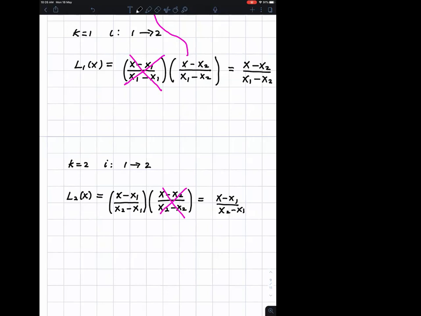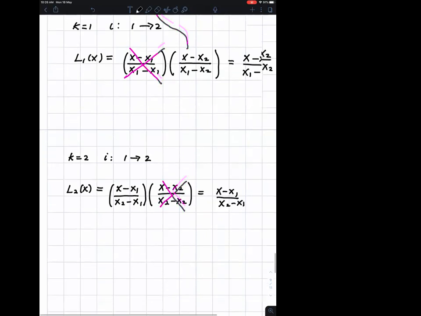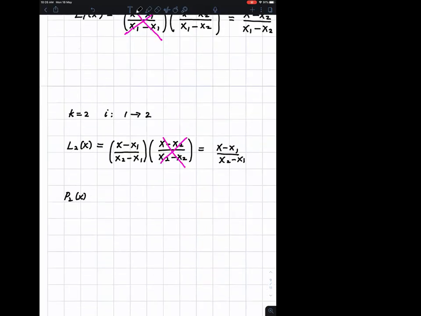So once you have it, you go and plug into the formula. You're going to get y1 (x minus x2)/(x1 minus x2) plus y2 (x minus x1)/(x2 minus x1).